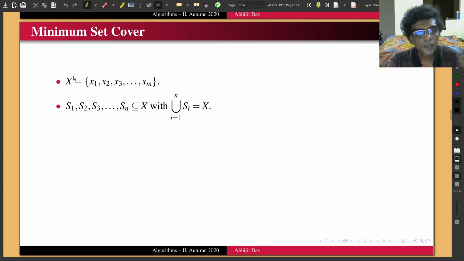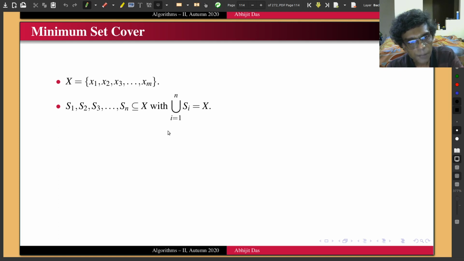Each one is a subset of the universal set X, and it is also given that the union of these sets is the entire set X. Now the question is, can I throw away some of these subsets from this collection and still have this union equal to X?